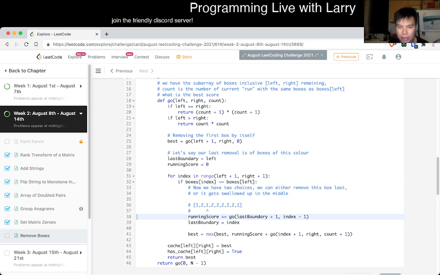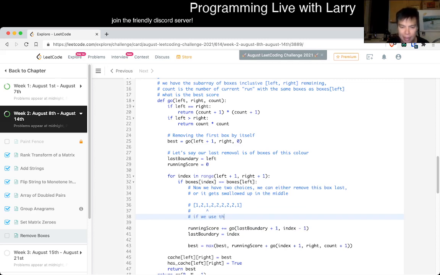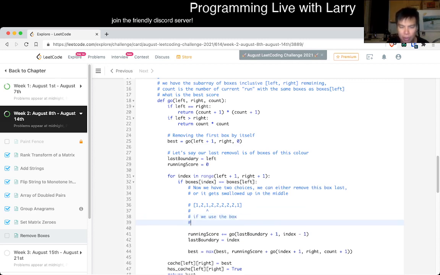So the recursion here, if we use the box, then we do go of left plus 1, index minus 1, count plus 1. It's going to be the score. Yeah, okay.